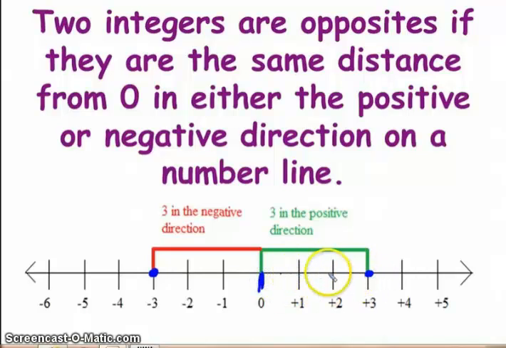Positive 3 is 1, 2, 3 units in the positive direction. And here we have negative 3. It's also 1, 2, 3 units, but in the negative direction. So those two numbers will be called opposites.